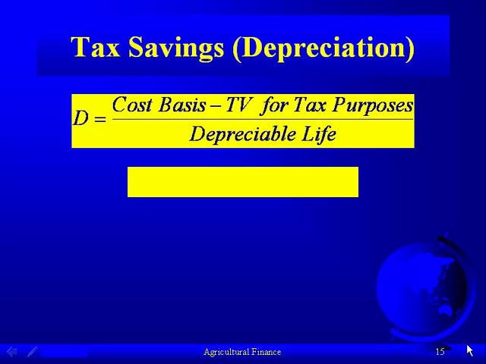What about the terminal value for tax purposes? Now, in this irrigation system, if you sell it in 3 years, the farmer's got an expectation of how much it's going to return. But what does your legislator allow you for the terminal value? The terminal value for tax purposes is 0. Okay? The government allows you to depreciate any depreciable asset to 0 over the depreciable life of that investment.